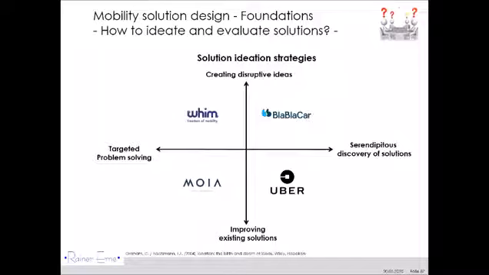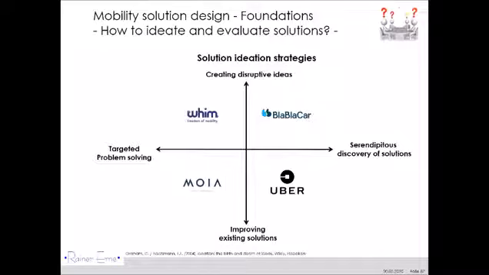But you can also create disruptive ideas, and that means that you go away from the existing solution and try to rethink out of the box how you can address user needs better than what is existing. So this is a categorization of ideation strategies according to the level of innovativeness.